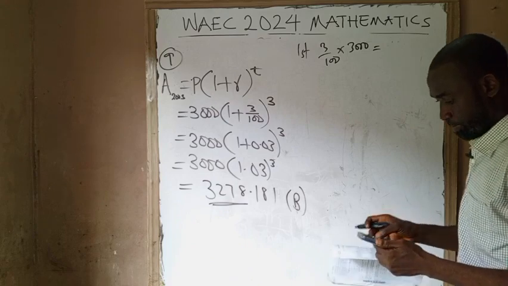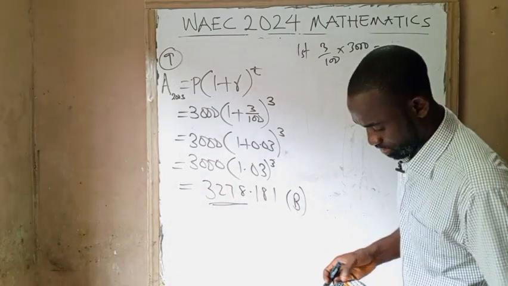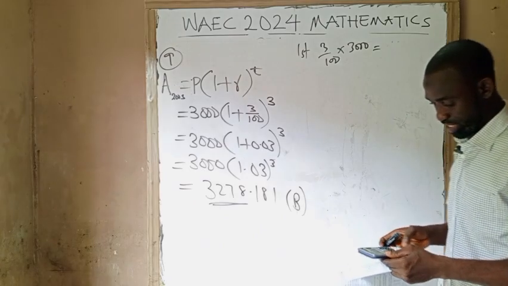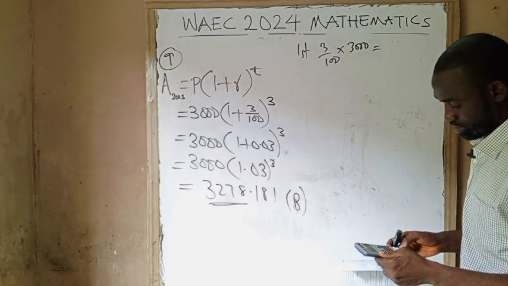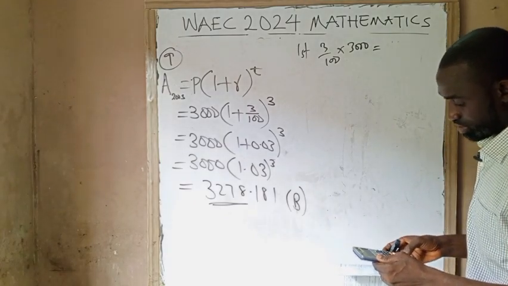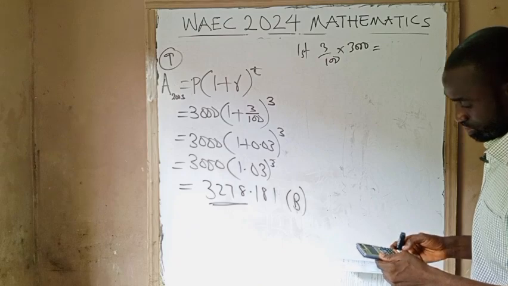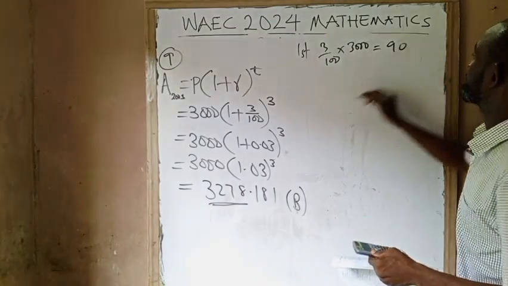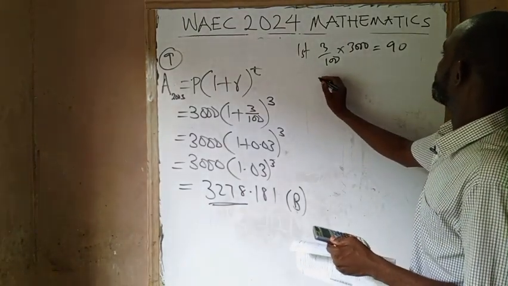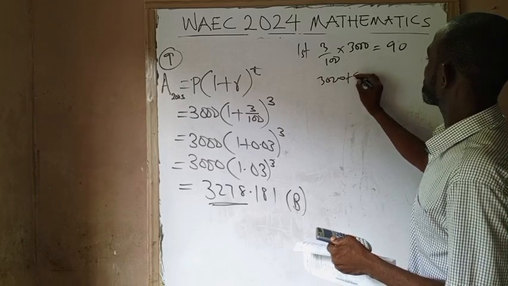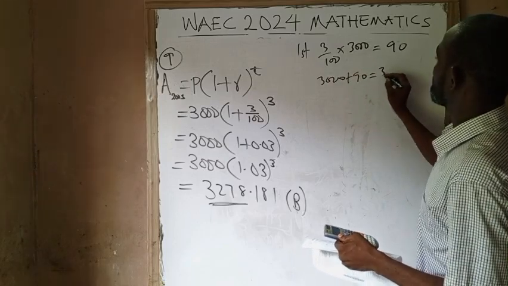Excuse me please, the calculator is malfunctioning. Okay, 3% times 3000. So this is 90. So it means the second year we're going to have 3000 plus 90.